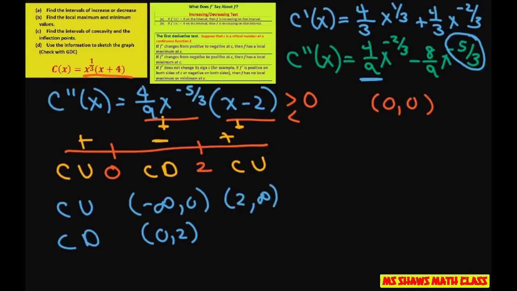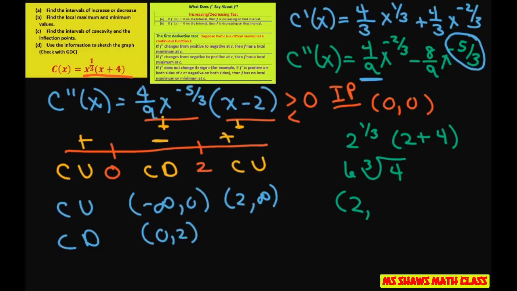So that's an inflection point. If I plug in 2, I'm going to get 2 to the 1/3 times 2 plus 4. So that's going to be 6 cube root of 2. So at 2, we have 6 cube root of 2. So these are our inflection points.